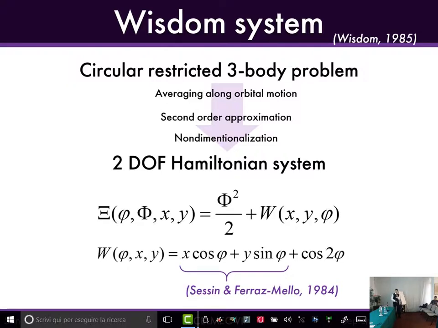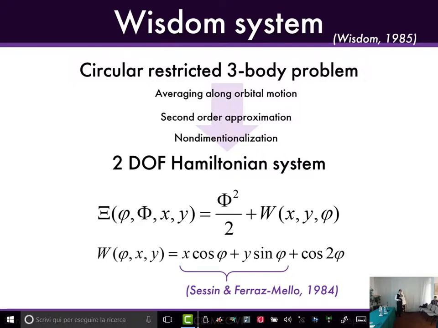And here is the Hamiltonian for this system. Function W is represented on the slide, and as you can see, the last term appears due to the fact that we use second order of approximation.